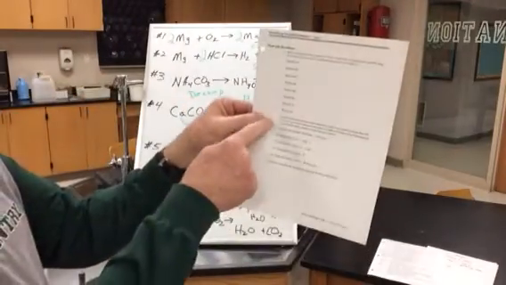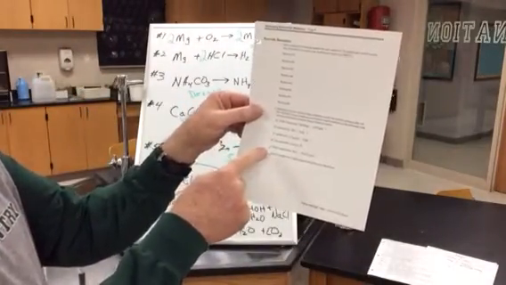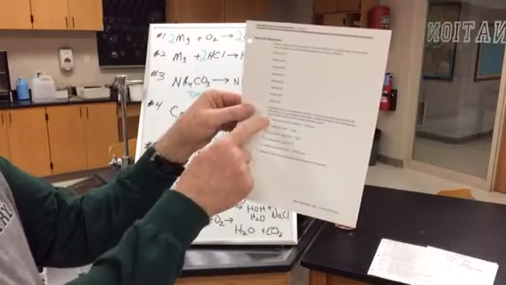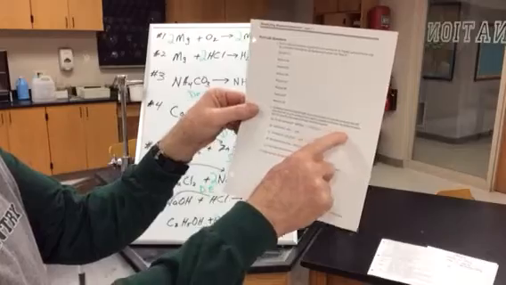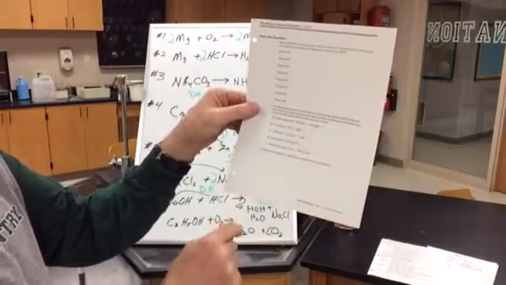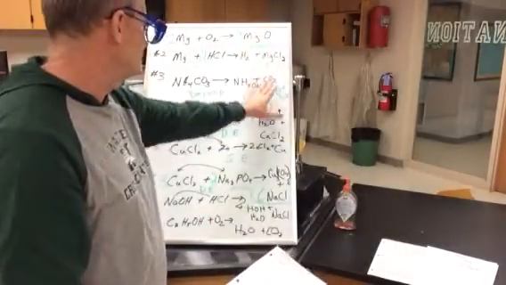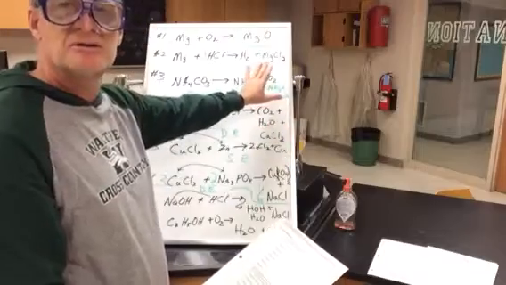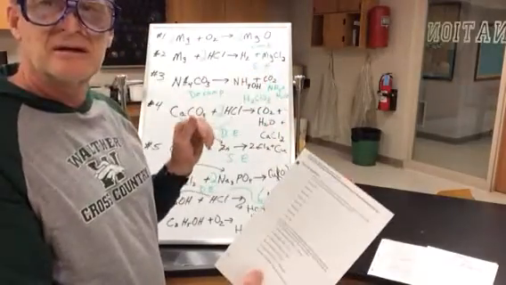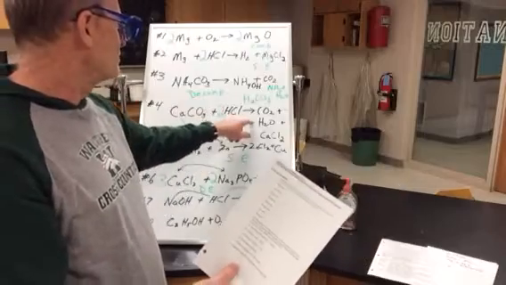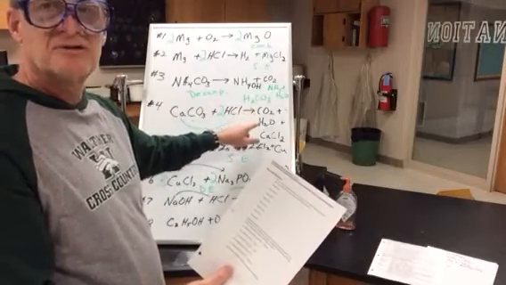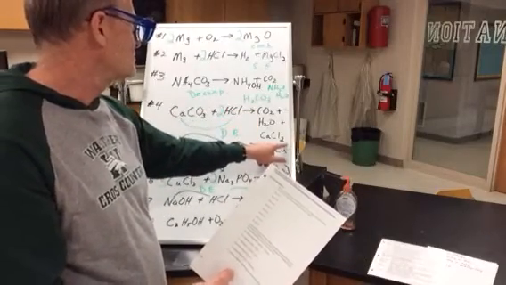Okay, and then for number 2, it gives you a little bit more practice. It tells you what type of reaction it is, and you have to try and predict what the products are going to be. So you're going to have to do what I had to do over here, is predict the products. One of the things that people miss most often on this is that they don't go back and check the charges of the ions to see if you need subscripts.